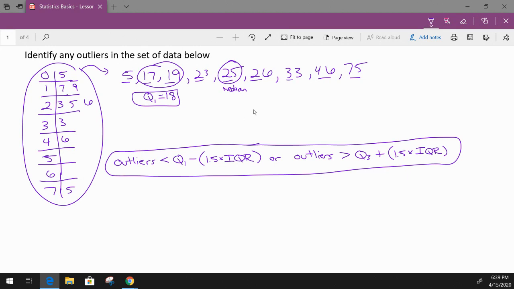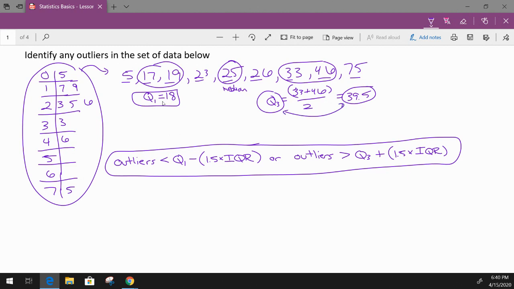For my Q3, I'm going to take 33 plus 46 divided by 2. 33 plus 46 is going to be 79. Divide that by 2, I get 39.5. So my Q3 is 39.5.